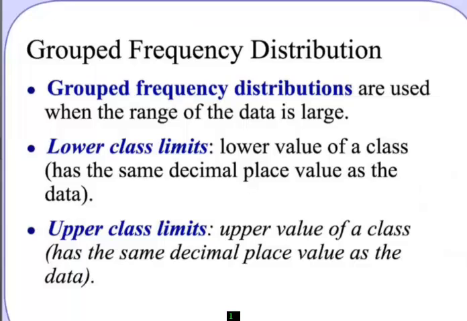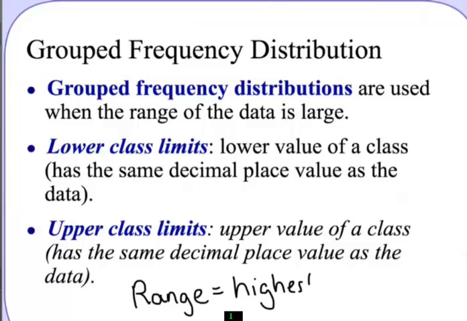What I mean by a large range is that the range is equal to the highest value minus the lowest value. And I actually do the calculation and get a single number for the range.